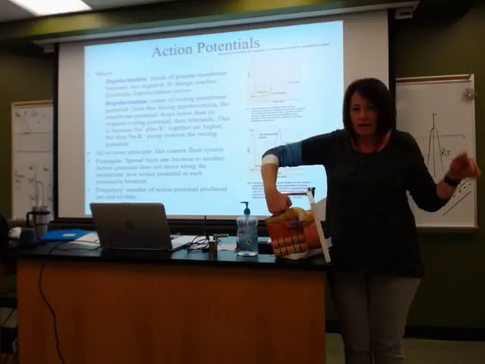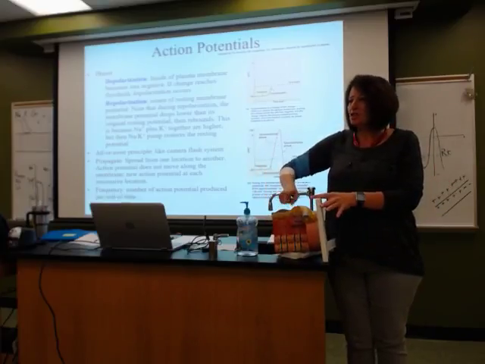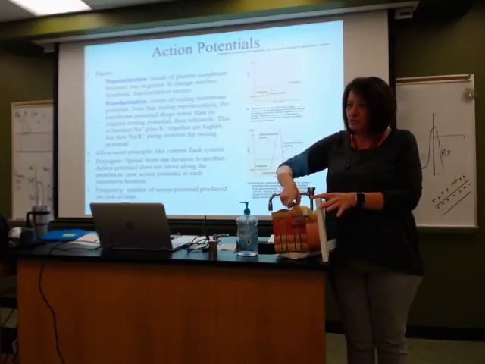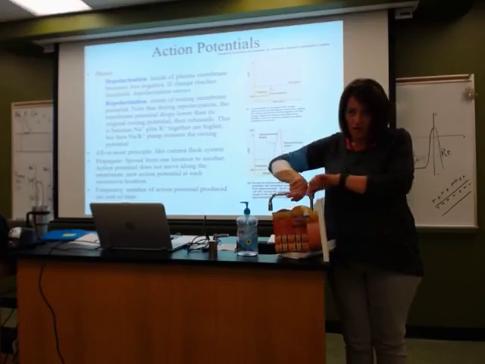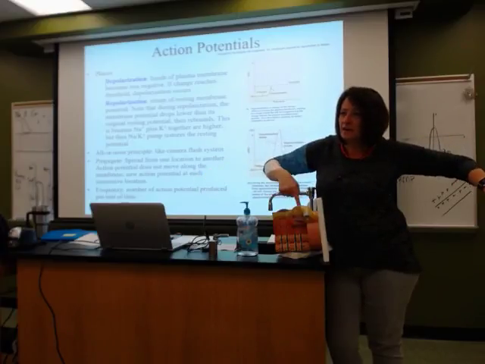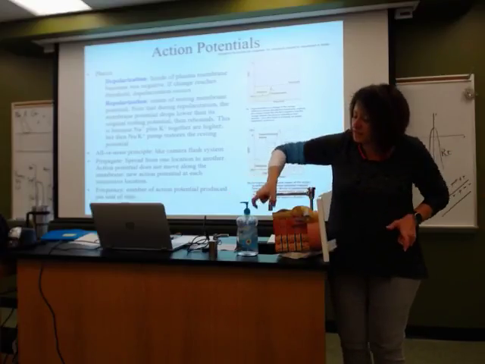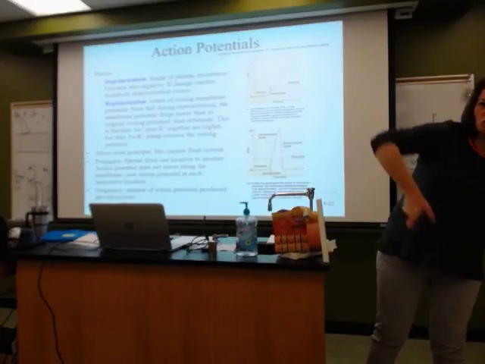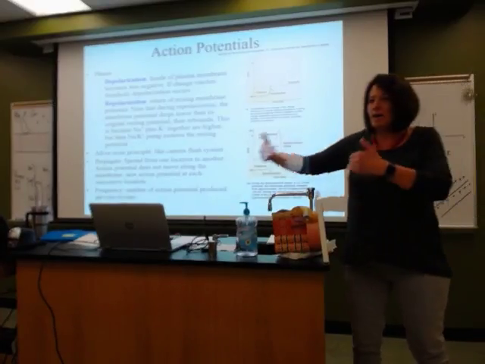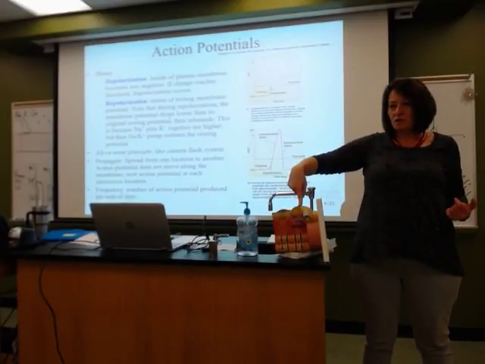I now have to make sure that this action potential, this signal, travels the entire length of the fiber, because I've got to make sure that for contractions to take place, every single sarcomere shortens, but not every single sarcomere is connected directly to the nerve.